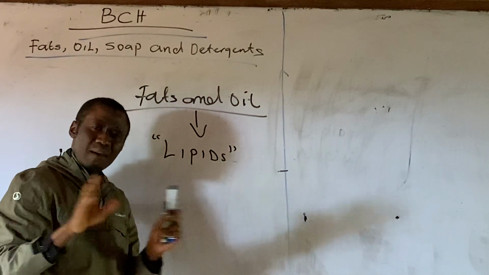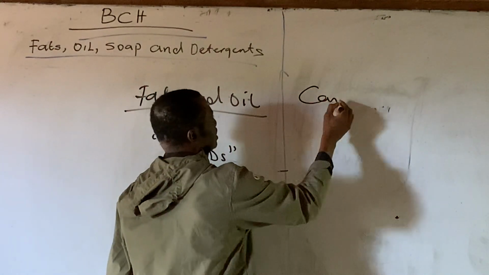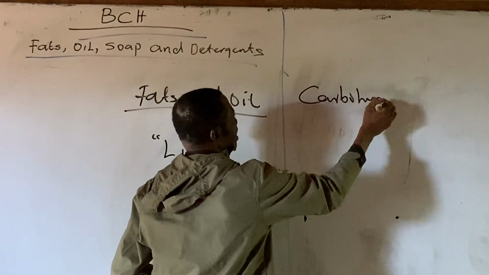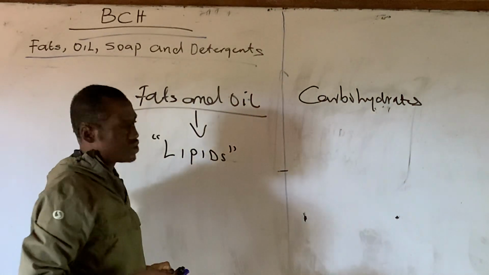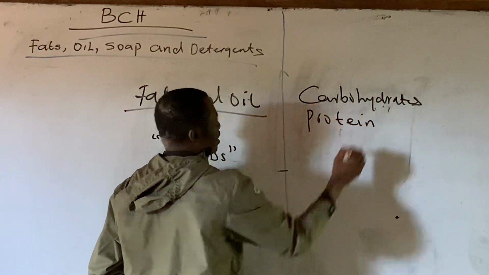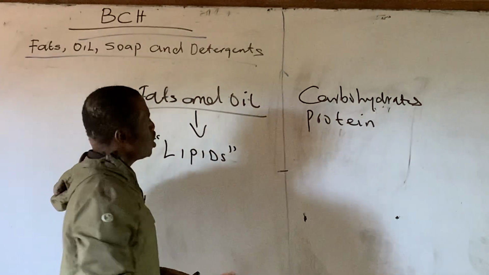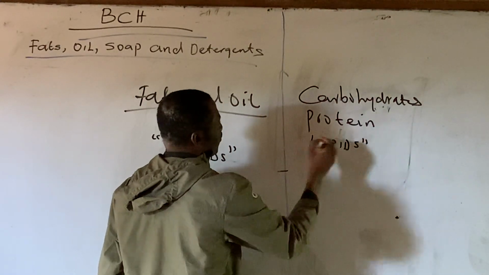If you have heard about the word biological molecules before, you have heard about carbohydrates. So, carbohydrates are biological molecules. We have heard about the word protein. So, protein are biological molecules. We have heard about the word lipids, so that's where we get the word from.